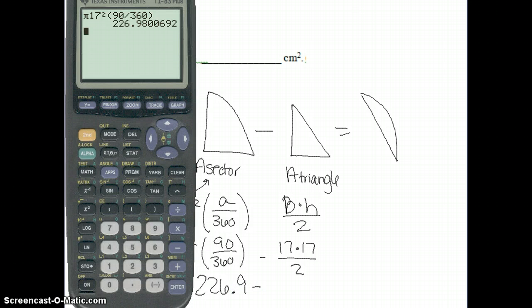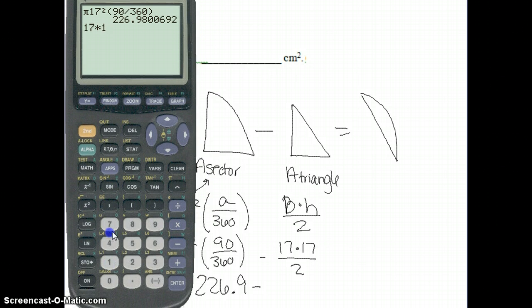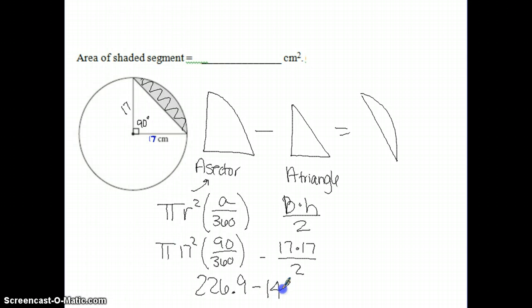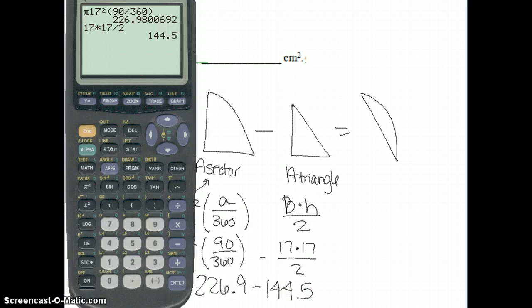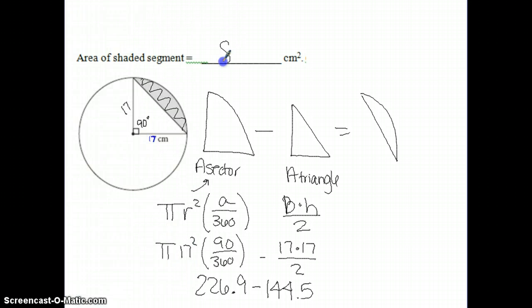And we'll subtract from that 17 times 17 divided by 2, which is 144.5. So finally, our answer will be 82.4 centimeters squared.